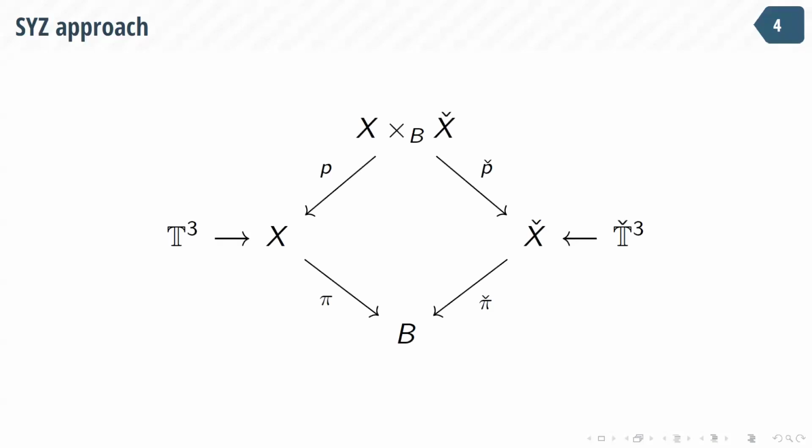This construction relies on the existence of a third space B, over which both X and X check fiber in dual special Lagrangian tori. For the whole duration of the talk, we are focusing on complex dimension 3, or real dimension 6.